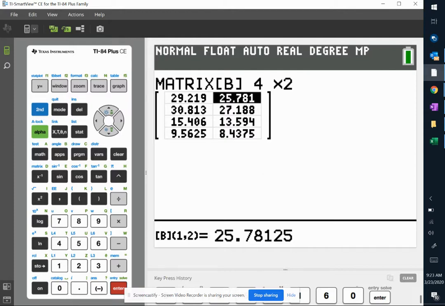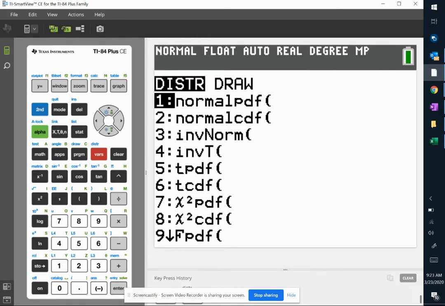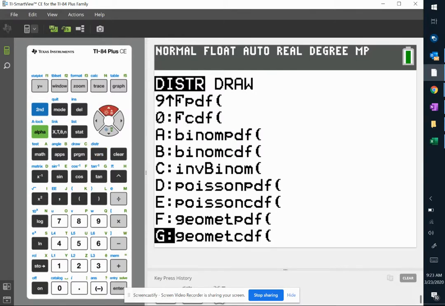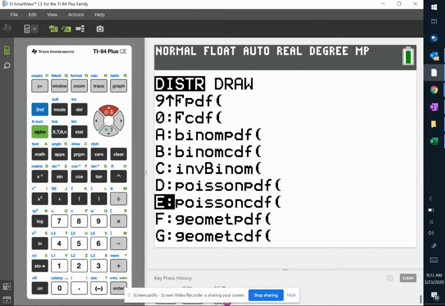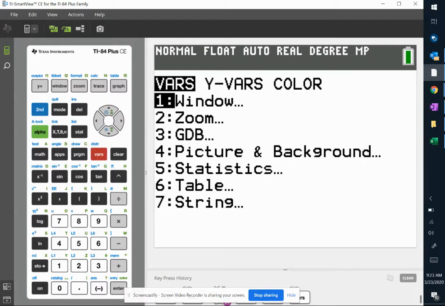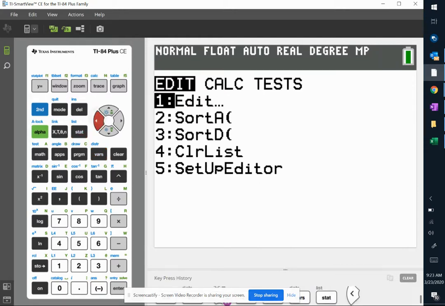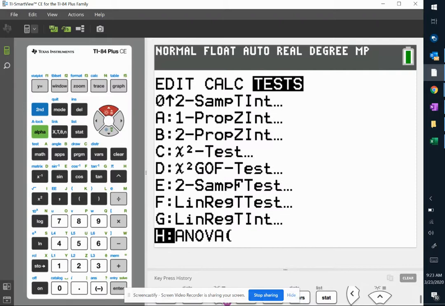So to get my p-value or anything else, I'm going to go to stat, and then tests, and then it's the letter C. Stat and then tests, not vars.